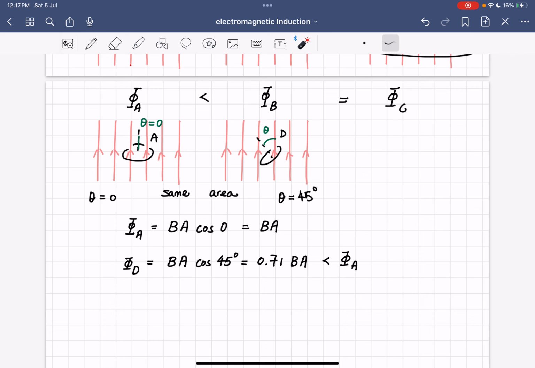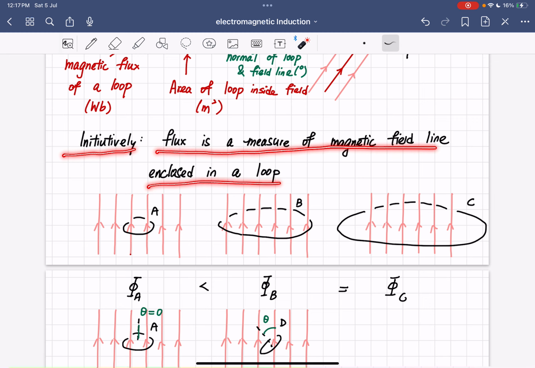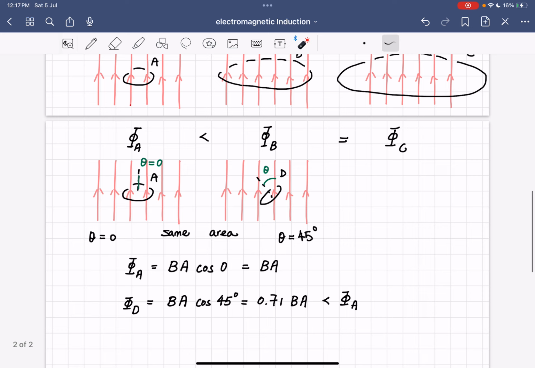Well, if we forget about the mathematics, we refer to the intuitive understanding that flux is a measure of the magnetic field lines enclosed in the loop. Then this simply means that because the loop is tilted, it now encloses a smaller number of field lines.